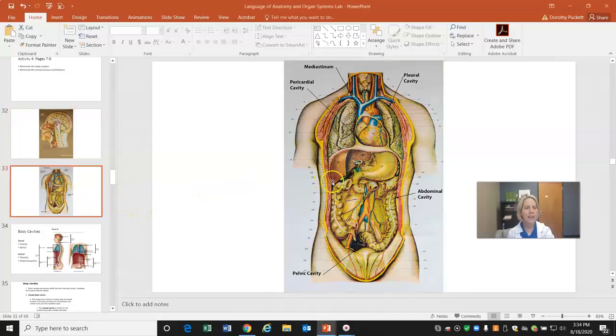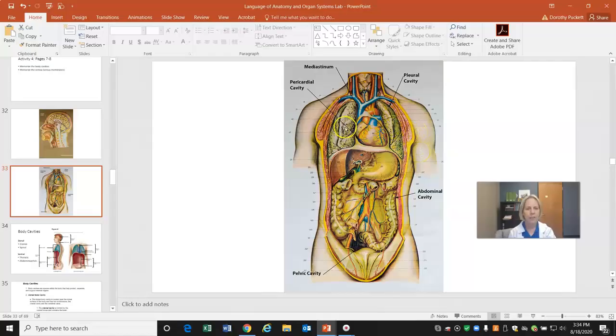The ventral body cavity is comprised of the thoracic cavity above or superior to this muscle, the diaphragm, and the abdominopelvic cavity, which is inferior to the diaphragm, or in other words, below the diaphragm. If we look at the thoracic cavity, we want to be more specific than that.